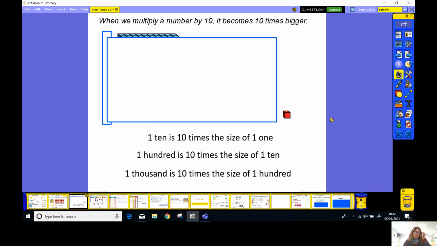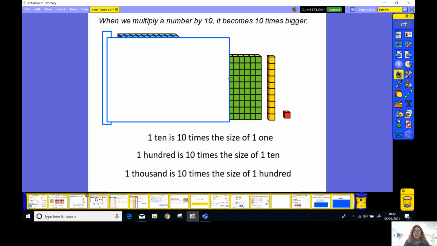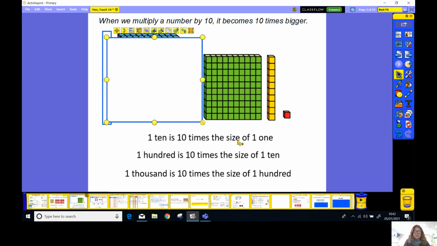Now today we're going to be multiplying any number by 10. We know when we multiply a number by 10, it becomes 10 times bigger. Here I have 1 Diene. If I multiply that 1 by 10, it becomes 10. It becomes 10 times bigger. And when we take that 10 and multiply it by 10, it becomes 10 times bigger and it becomes 100.